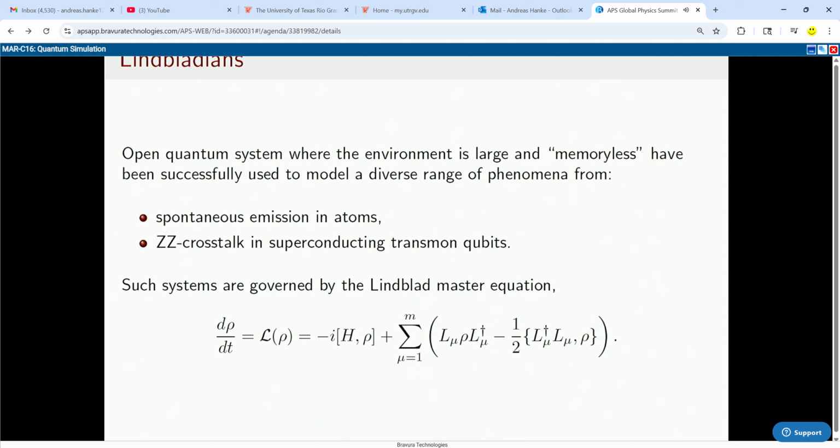While this second part involving the L terms is typically called the dissipator, and it's supposed to model the interactions between the system and the unknown environment, and also has all of the classical randomness baked into it. And in general, these L operators are typically called jump operators, and I'm using M here to denote the total number of jump operators for this dissipator.